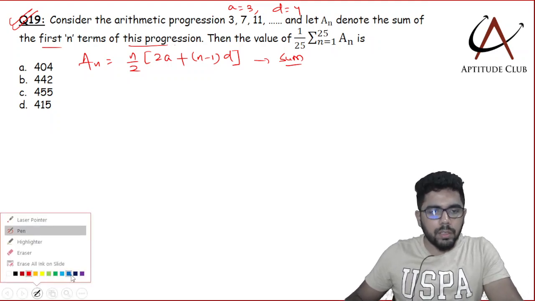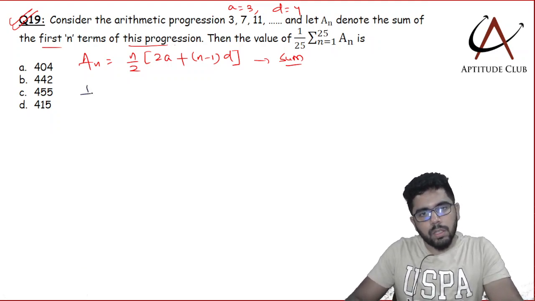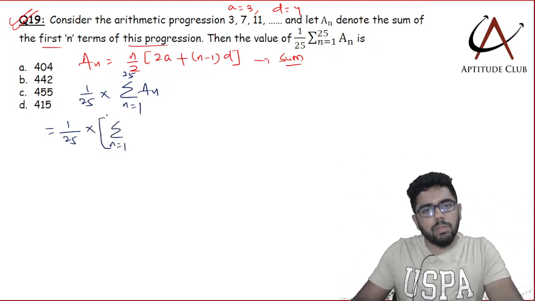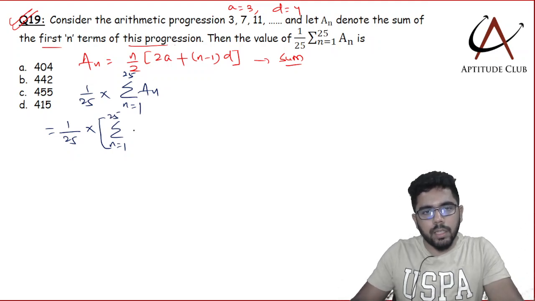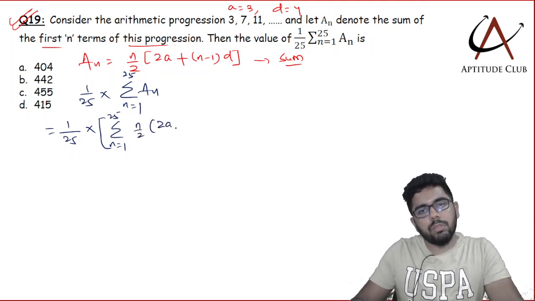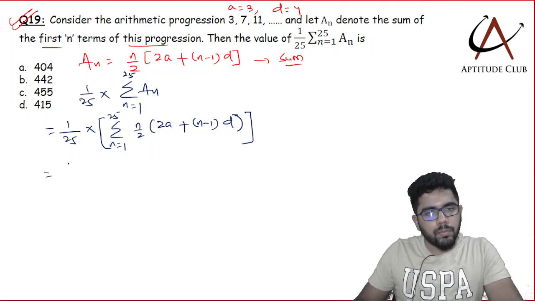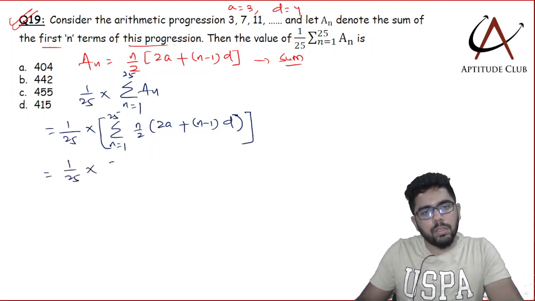So I am solving here for this 1 by 25 into summation of n equal to 1 till 25 An. In place of An I'll write this n by 2 whole into 2a plus n minus 1 into d. So 1 by 25 summation of n equal to 1 till 25.